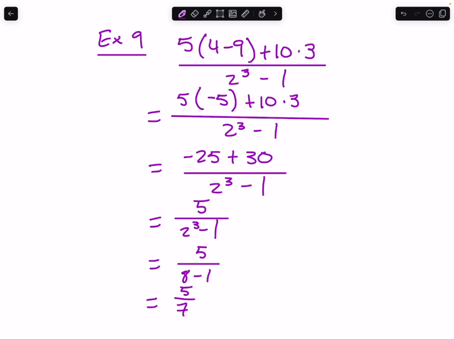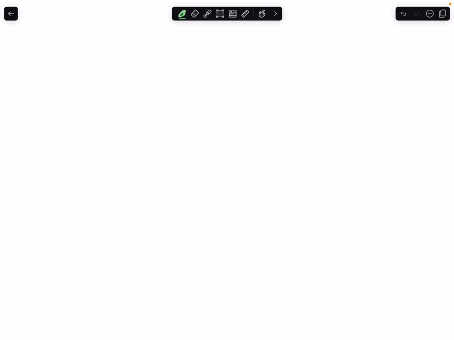Okay, now let's try an example where we evaluate an algebraic expression for a given value of a variable. Example 10. For example 10, we want to evaluate the algebraic expression negative x squared minus 4x for x equals negative 5.